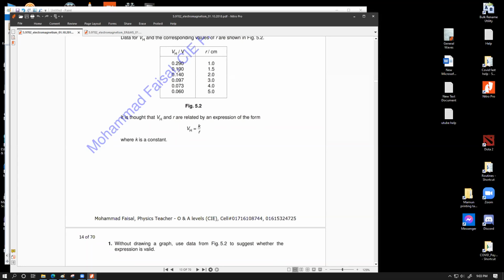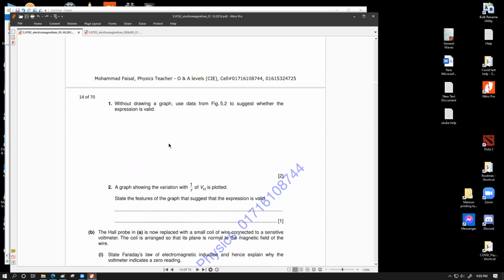This gives you something close to 0.29, this gives you 0.28, this gives you 0.29 or something like that. For at least 3 of the values, if you do the multiplication, you're going to get numbers which are pretty close. And then you can say, yes, the relationship is valid. Which you will say.